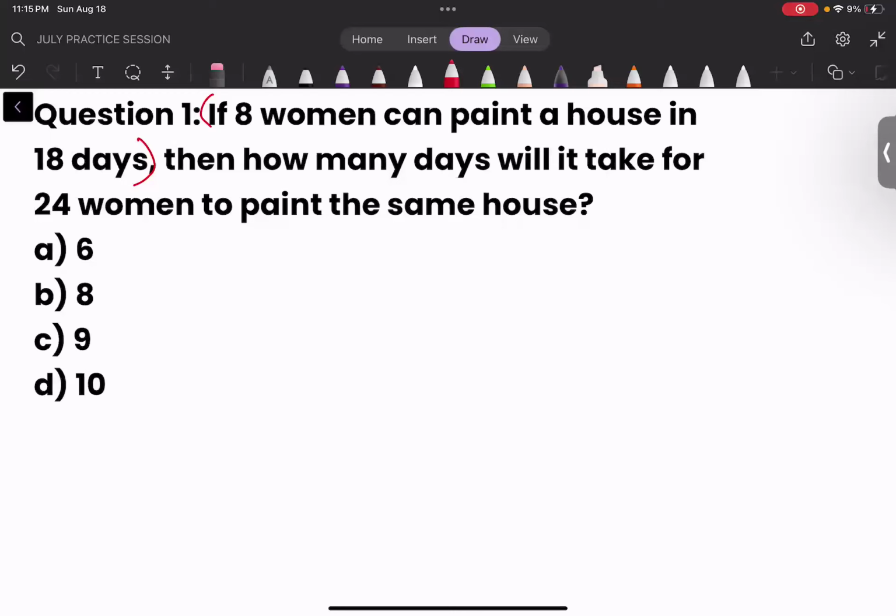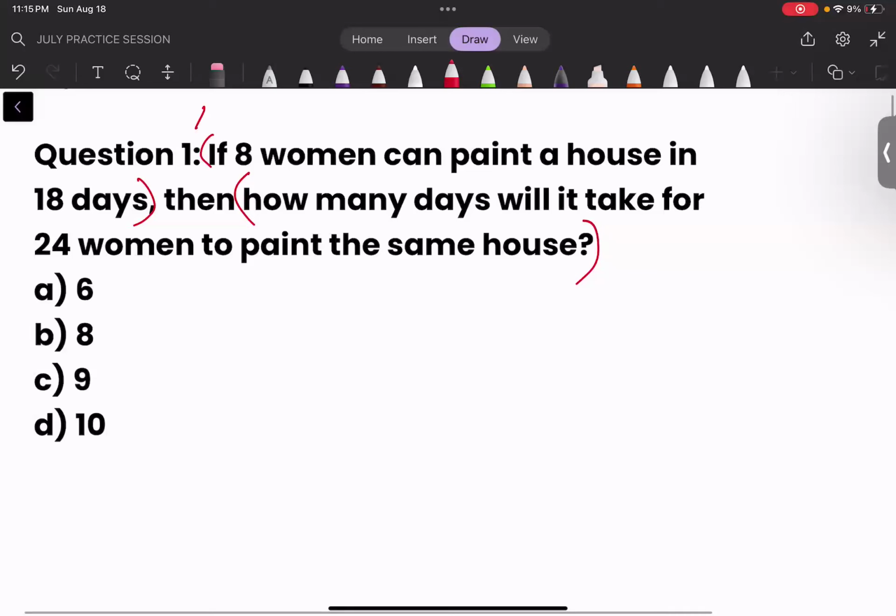Next, how many days, that means how much time will it take for 24 women to paint the same house? My dear, this is your first situation and this is your second situation. Are you able to understand this very simple thing? Two situations are there. In both situations, they are painting the same house. So work is the same, yes or not?